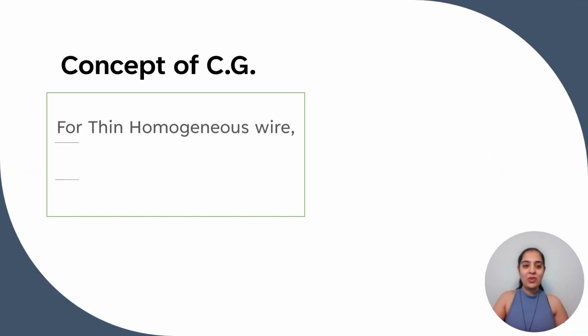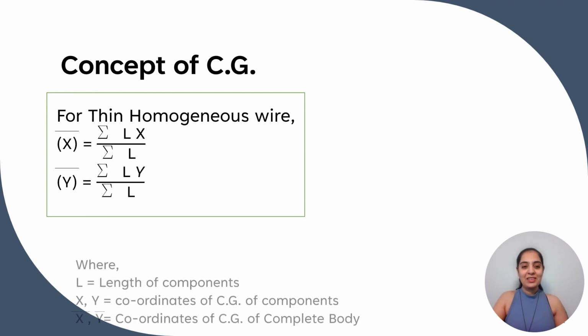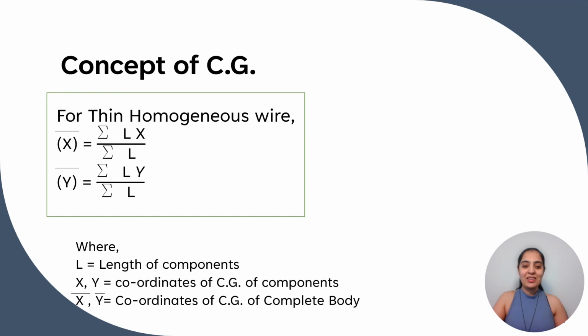Let's apply the formula. For a thin homogeneous wire, X bar and Y bar are calculated like this, where L is the length of components, X and Y are the coordinates of CG of components, and X bar and Y bar are the coordinates of CG of the complete body.